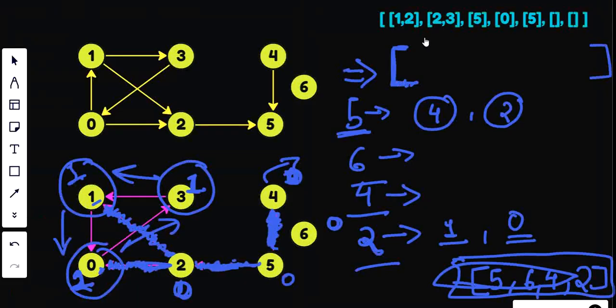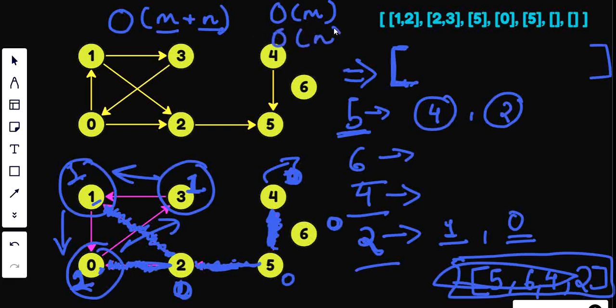So time complexity of this whole algorithm will be somewhat around big O of m plus n, where m is the number of edges and n is the number of nodes. So we will take big O of m time for initializing that adjacency list, then big O of n time for initializing our in degree list, then we are traversing through the queue and we are pushing elements into it and performing operations.